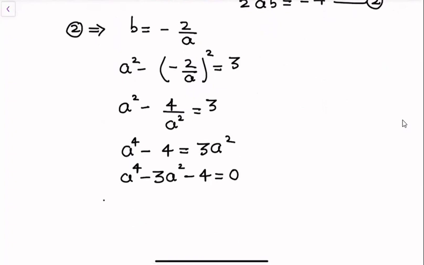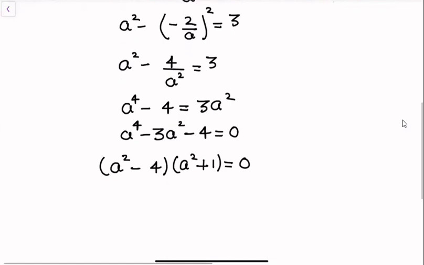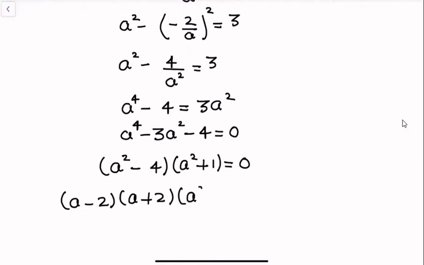And it can be factorized as a square minus 4 into a square plus 1 equals 0. 4 is the square of 2. Then it becomes a square minus 2 square, the difference of two squares. It can be further decomposed into a minus 2 into a plus 2 into a square plus 1 equals 0.